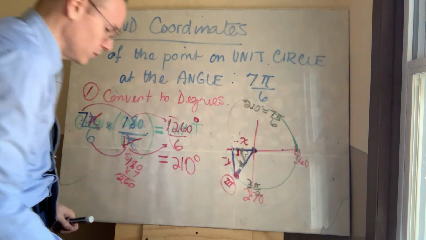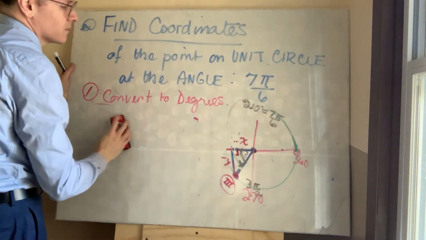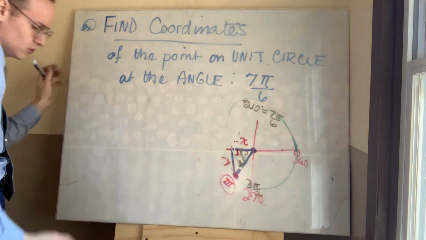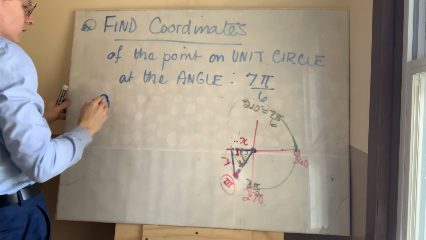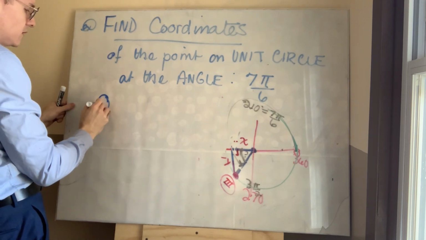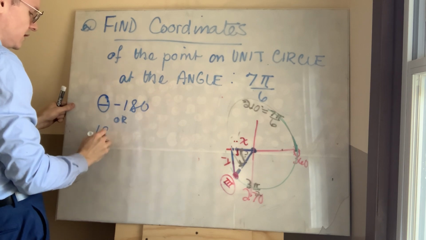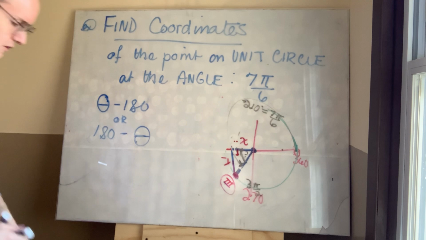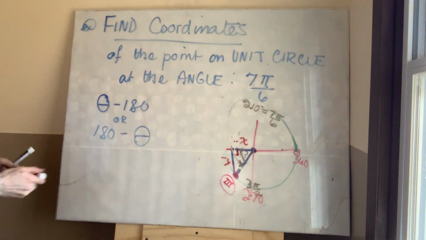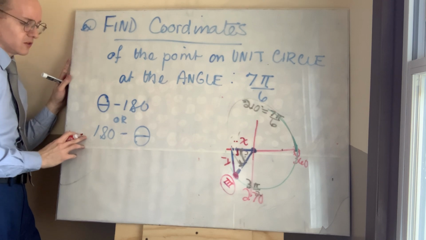How would we determine that? Subtract. Take 210. Take your angle and either subtract 180 or take 180 and subtract your angle, basically to give you a consistent system for doing this.